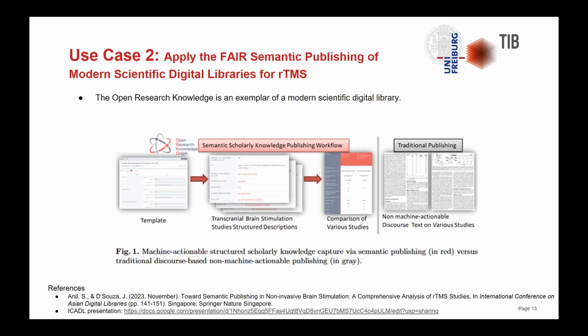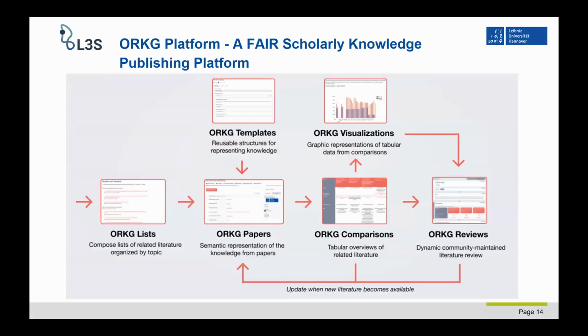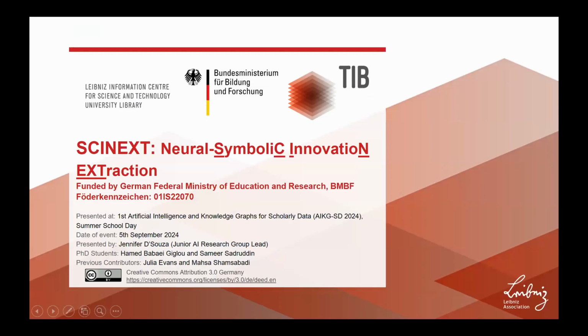So this is to say that this approach scales or maps across domains in science and is not specific to any given domain. Of course, it's a scholarly knowledge publishing platform, and therefore it's supported by an entire workflow that supports structured knowledge publishing. So we have templates, you can publish visualizations over data within the knowledge graph, you can publish comparisons, structured papers, as well as machine actionable reviews that basically combine several such comparisons in a single article.